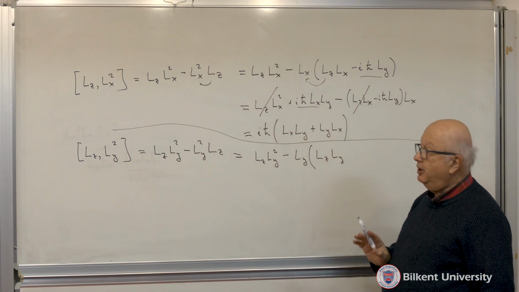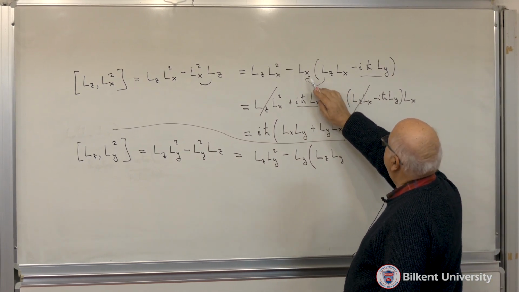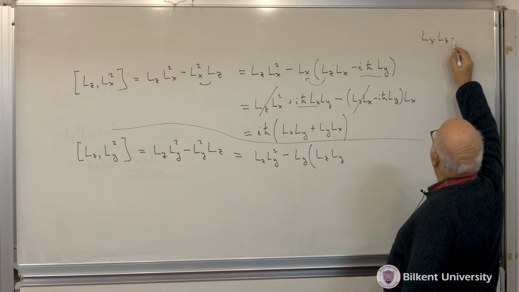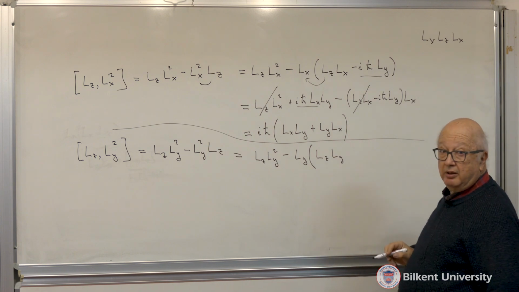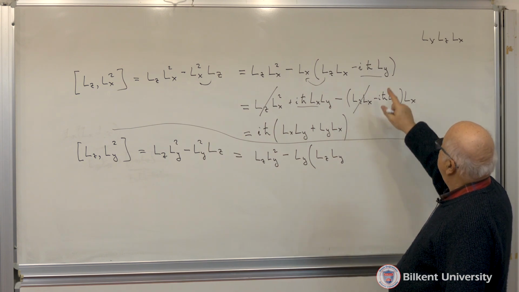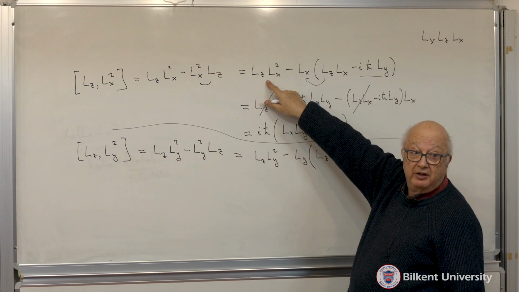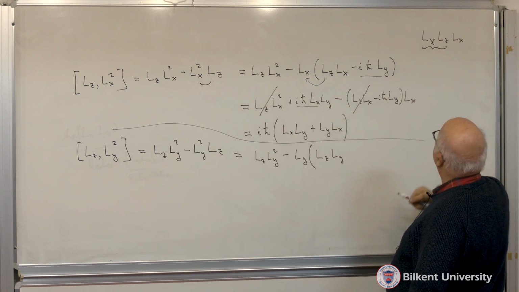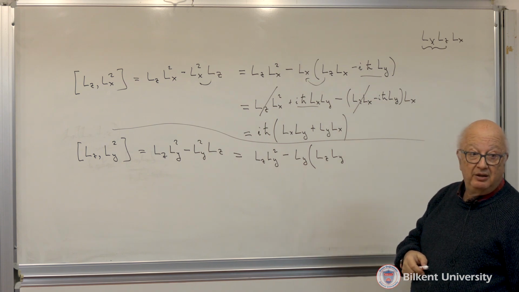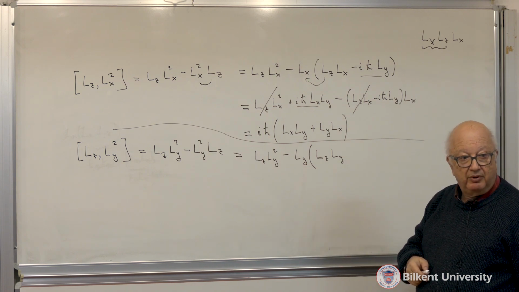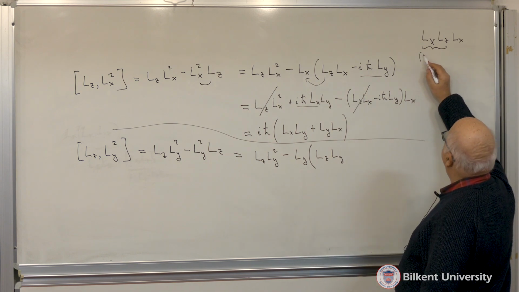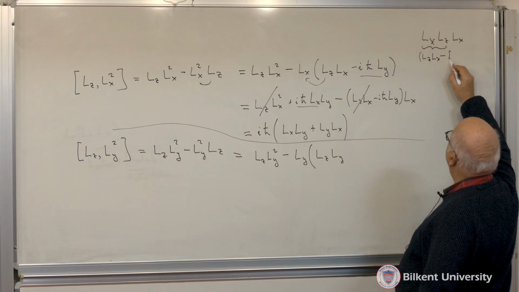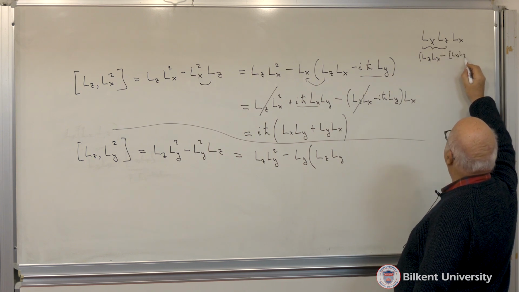What I have here is an Lx Lz Lx, and my aim is to get to something which looks like this. So I have to change this Lx Lz to Lz Lx. So what I do is I say this is Lz Lx minus the commutator of Lx with Lz.